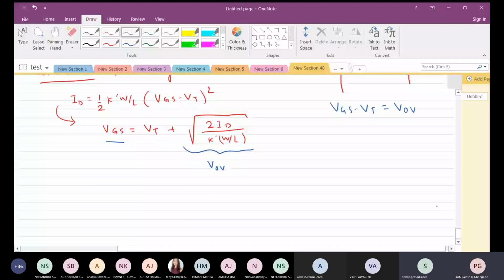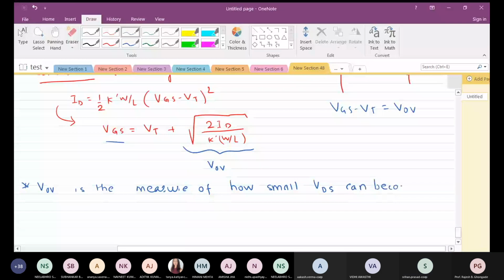So this VOV is nothing but, now we can put it in nice words, the measure of how small VDS can become while keeping the MOSFET in saturation.